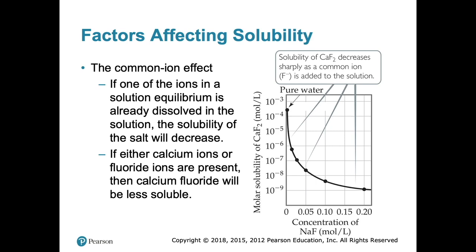The common ion here is fluoride. When you're adding calcium fluoride to a solution that already has fluoride in it, that common ion makes the solubility decrease sharply, as they say in this slide.